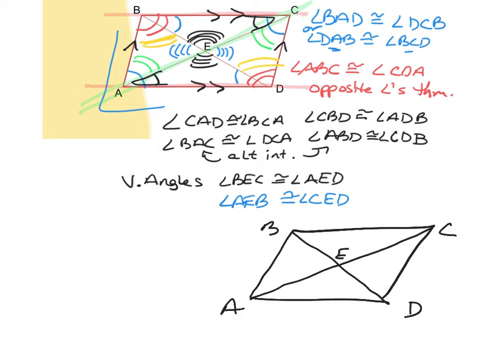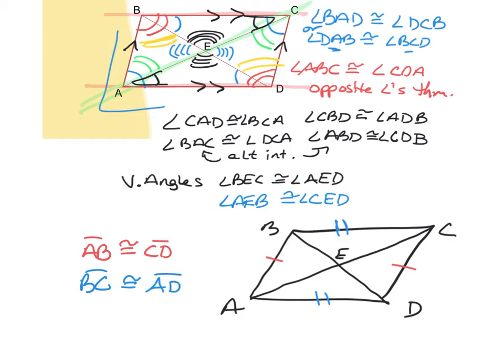I know opposite sides are congruent, so I could say AB is congruent to CD. I know that this pair of opposite sides are congruent, so I could say that BC is congruent to AD.